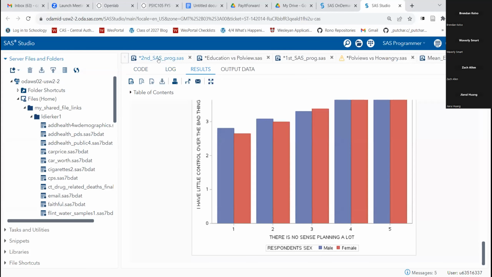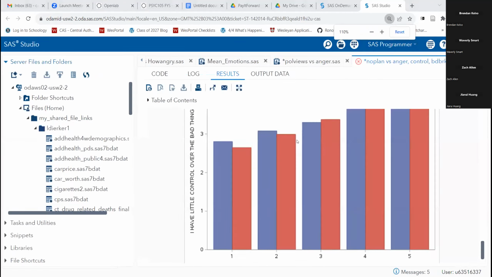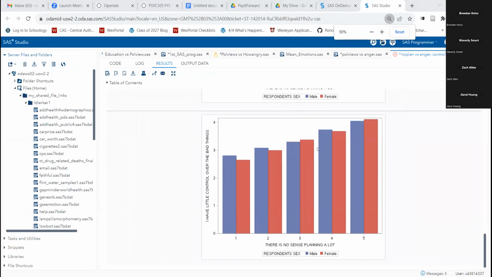Oh, lovely. Oh, wow. Okay, so let me look at this. You've got males and females, red and blue. There is no sense planning a lot. Okay, so higher scores, I assume, mean that they think there's no sense planning. Lower scores mean they don't think that, correct? I have little control over things. So what does this look like?